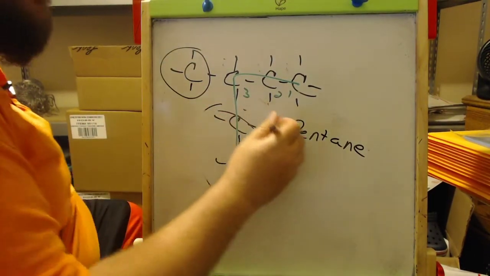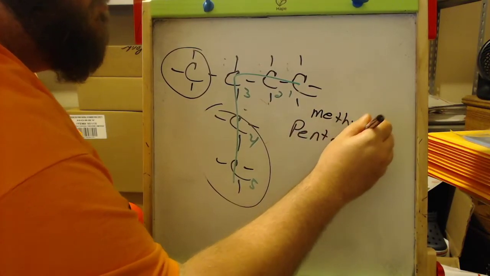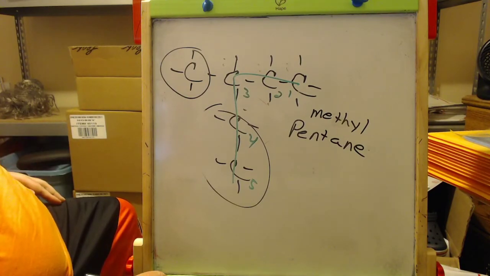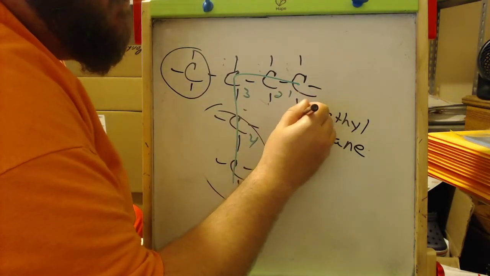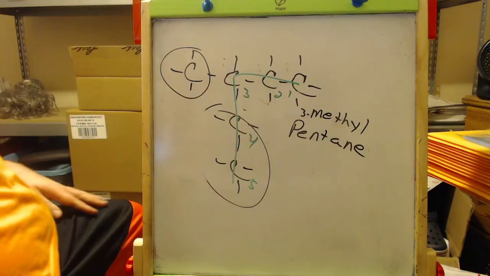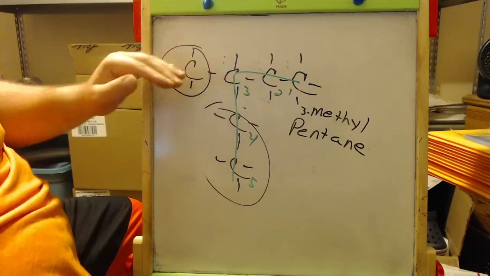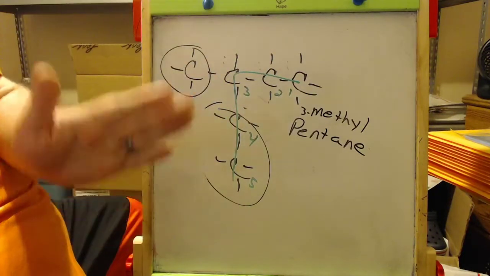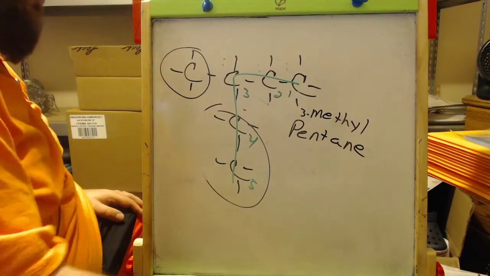It's 1, so it's methyl. 1 carbon, methyl, pentane. And what carbon is it on? It's on the 3rd, so we call this 3-methylpentane. So what I'm trying to show you here is the longest chain doesn't have to be written this way. It could tail off, so the key is find your longest chain.